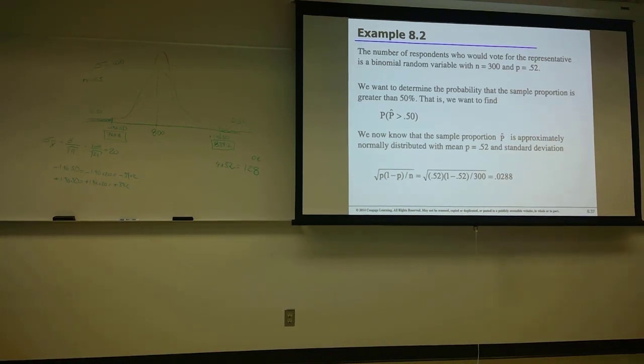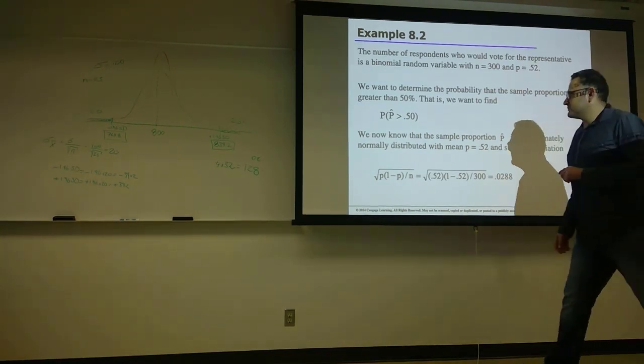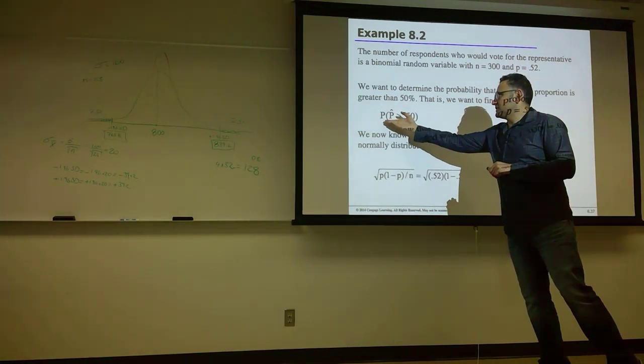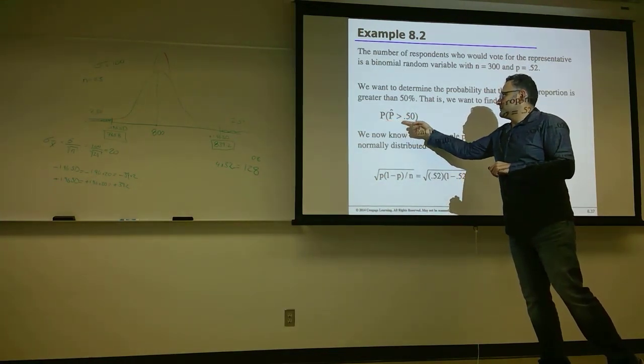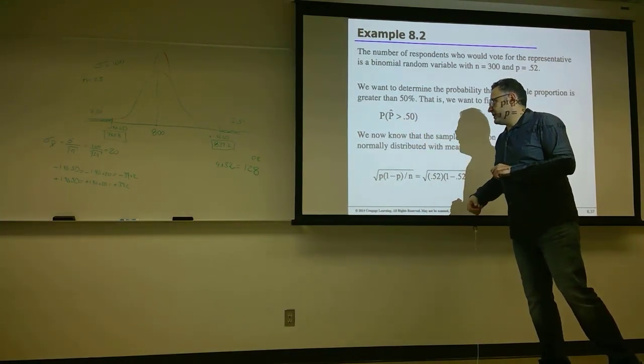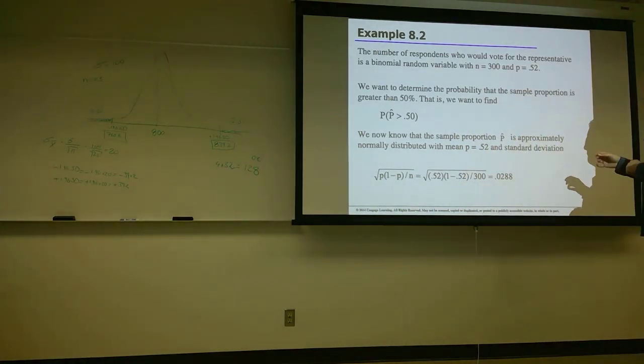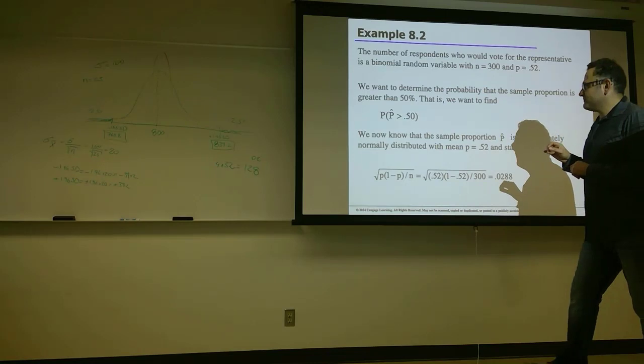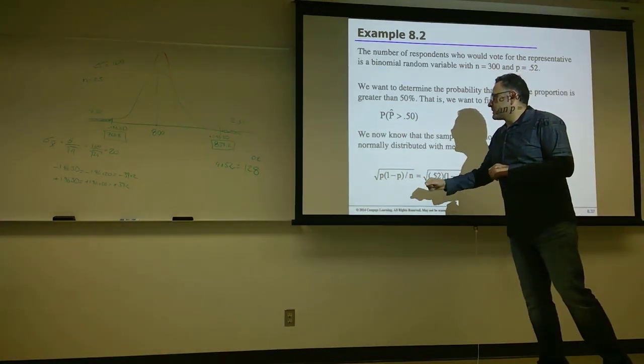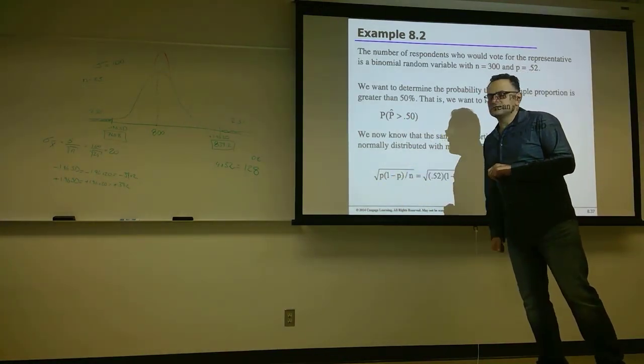Okay, so in order to calculate that, we need to first know what P we are looking for. That's 0.5 in our sample, but the P in the population is 0.52.